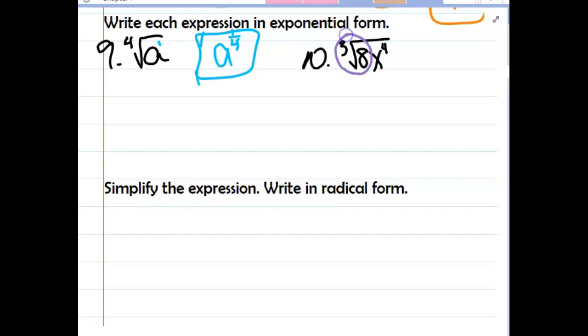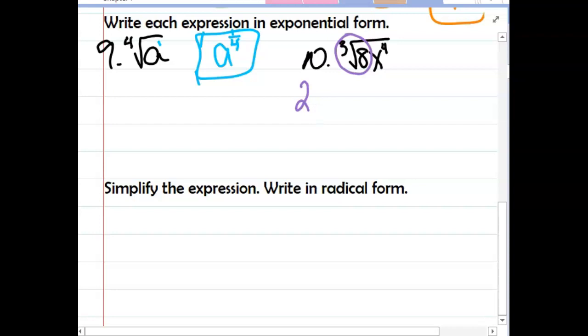Can you take the cubed root of 8? What times itself 3 times? 2. 2 times 2 times 2 gives you 8. So the cubed root of 8 is 2.